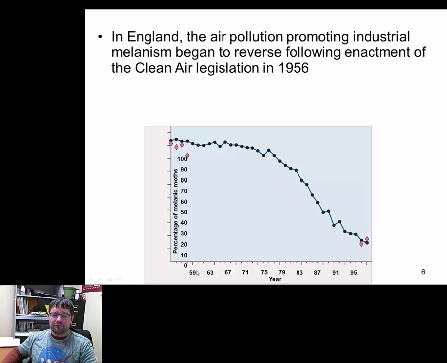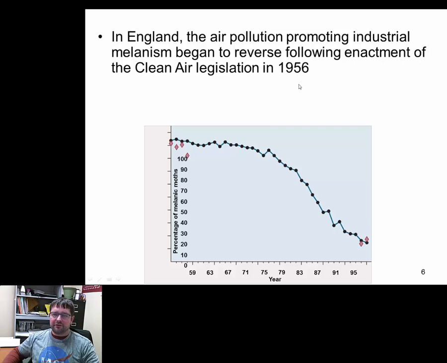In the 1950s, they were all black, over 100%. And the way you can get over 100% is based on some logistics with the study, in which he was examining trees that had natural moths also. So he was putting moths on there artificially, but then there were actually natural moths. So his populations were bigger than his percentages.